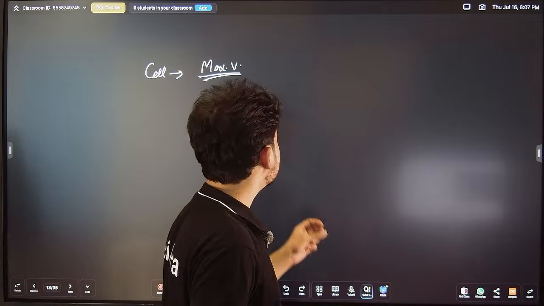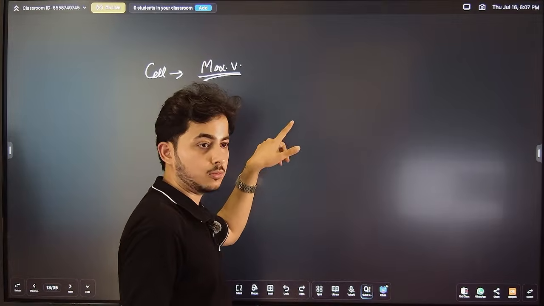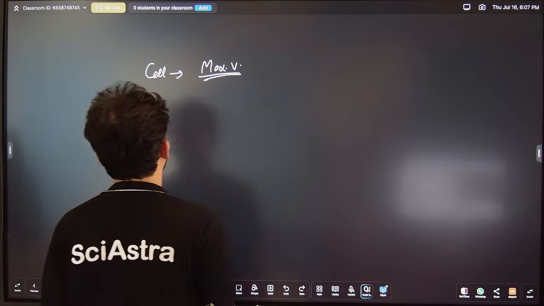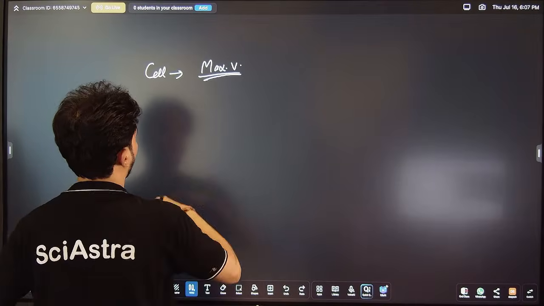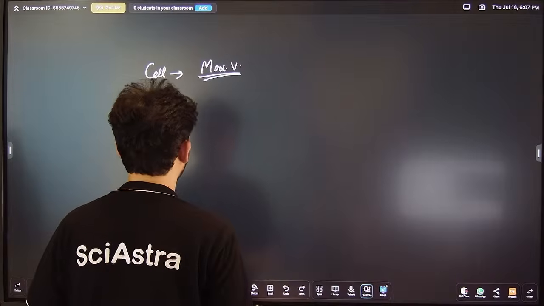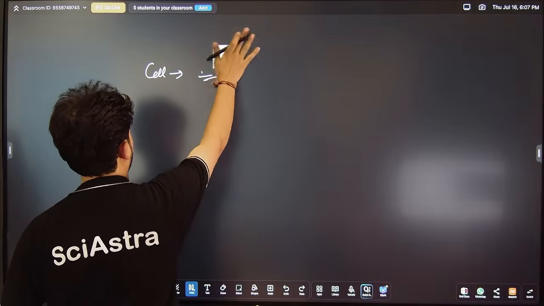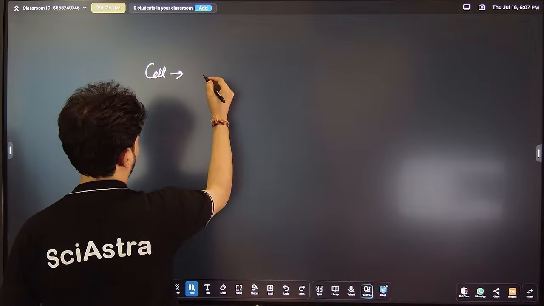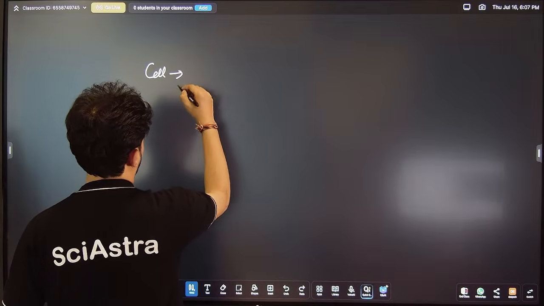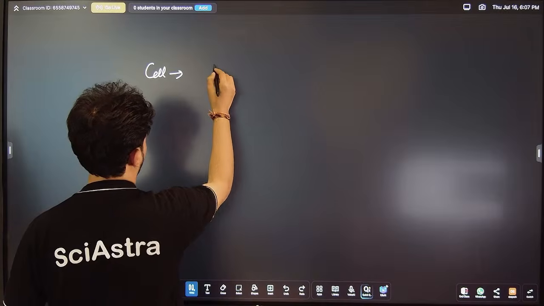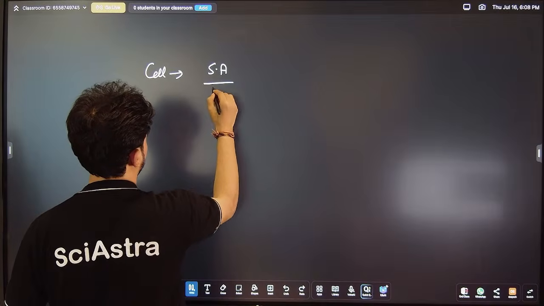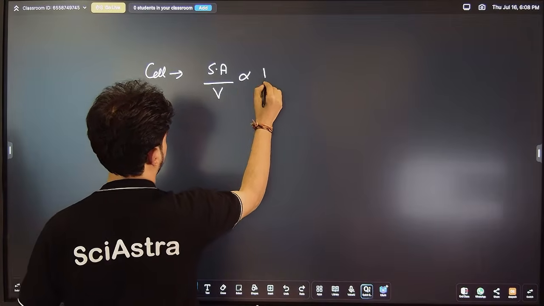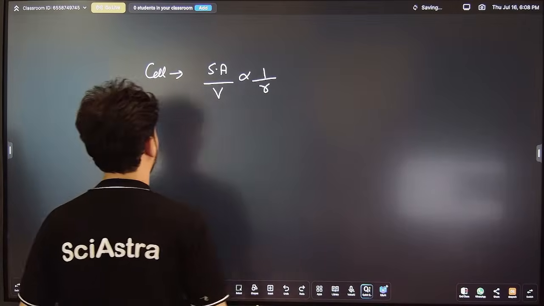Okay, so the cell wants to maximize the volume, correct? So if we talk about the surface area to volume ratio, for a particular cell this ratio is dependent on 1 by r, right?